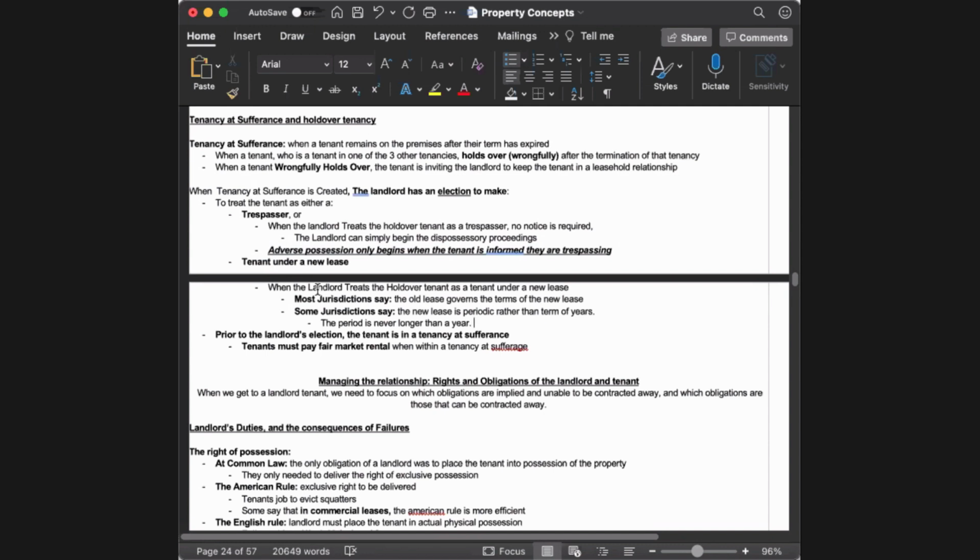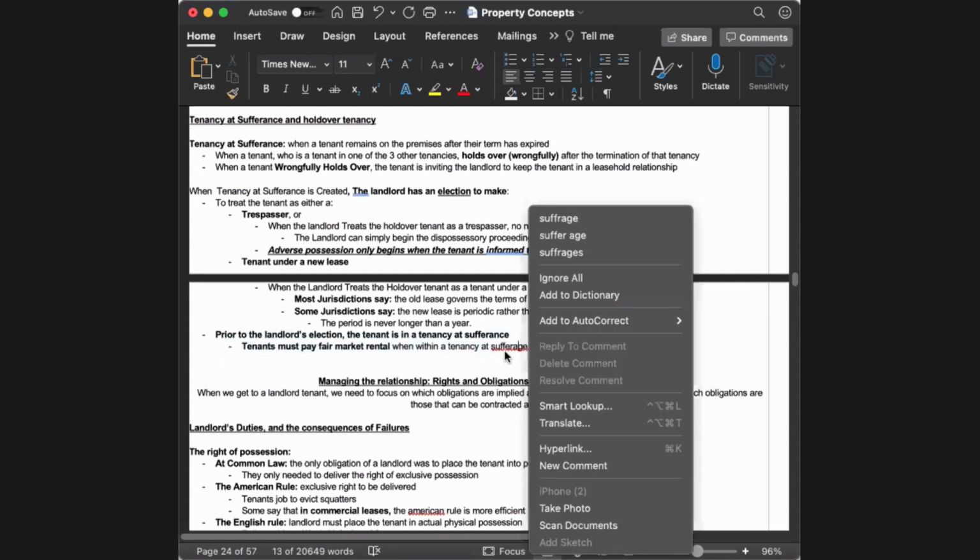Prior to the landlord's election, the tenant is considered a tenant at sufferance. The tenant is therefore obligated to pay the fair market value of the rental when the tenancy is by sufferance.